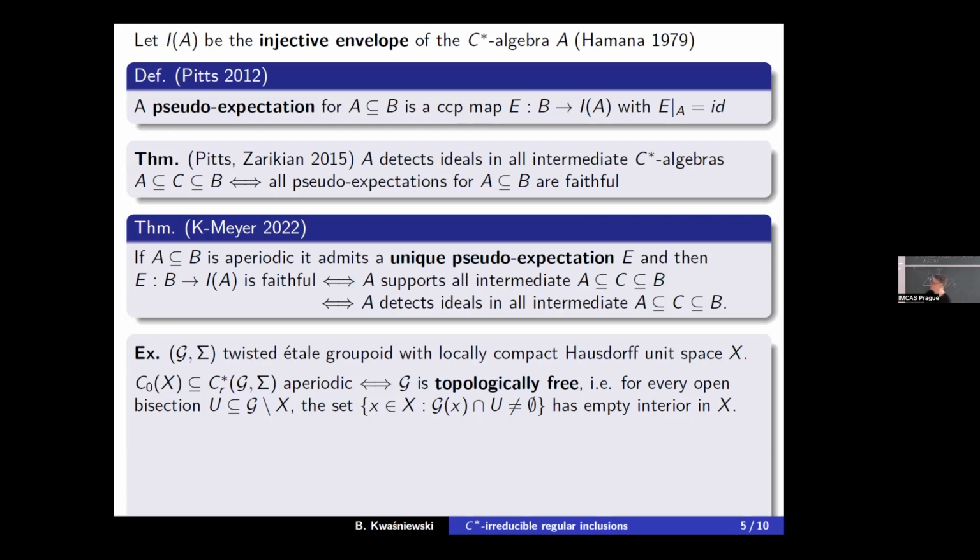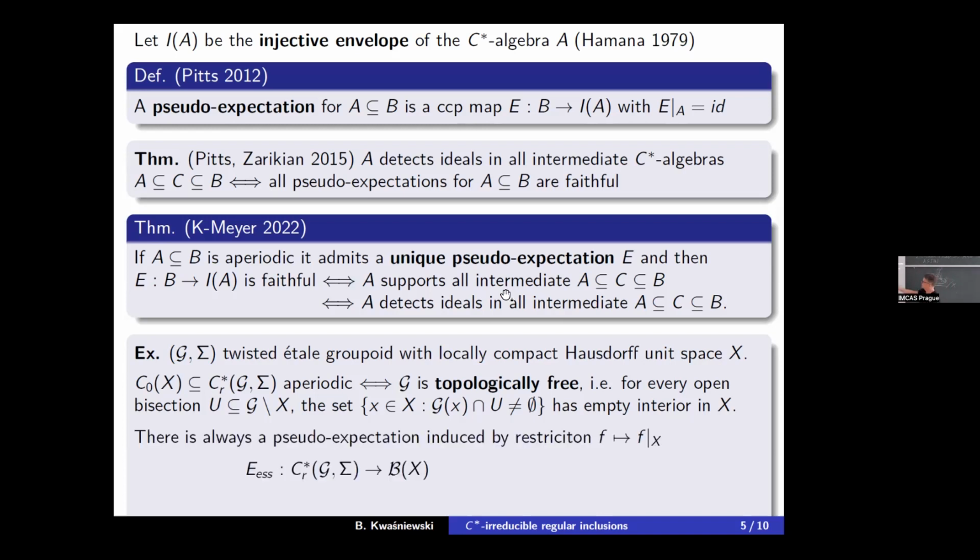But whenever the groupoid G is Hausdorff, then we know that the restriction gives you a usual genuine conditional expectation, because if G is Hausdorff, then this unit space is not only open but also a closed subspace of G. So we view it as a subspace of the groupoid. In the Hausdorff case, this is a clopen set. So restricting continuous functions to a closed set gives you a continuous function. And in the non-Hausdorff case, this is no longer closed.